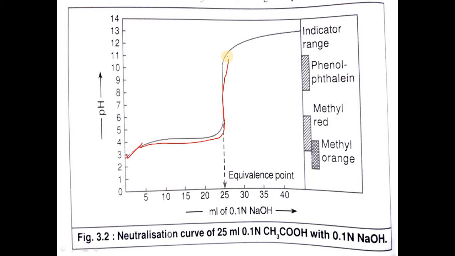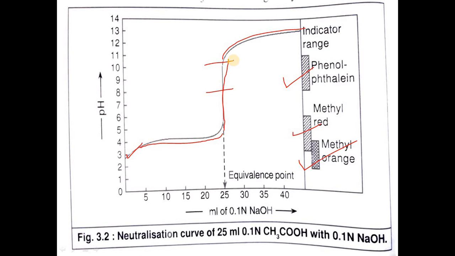But when all the H+ from acetic acid has vanished and we continue the addition of NaOH, then again we get the curve. This graph represents the titration of a weak acid against a strong base, and these are the indicators which show the color change. For phenolphthalein we get the color change at 8.3 to 10.